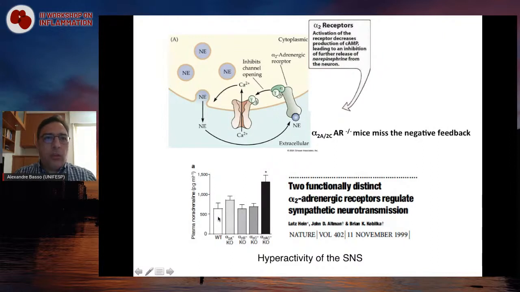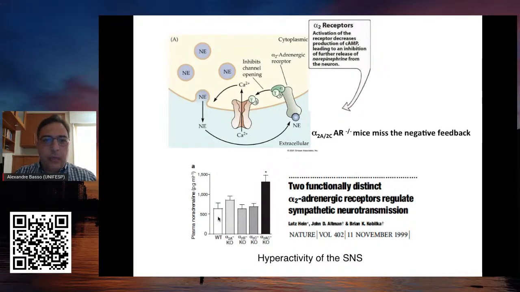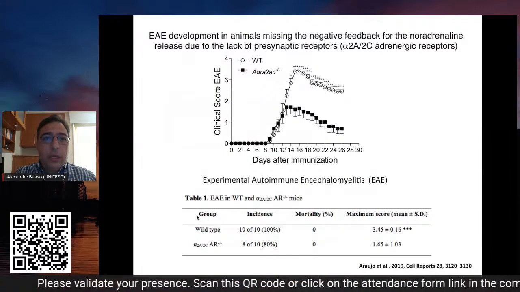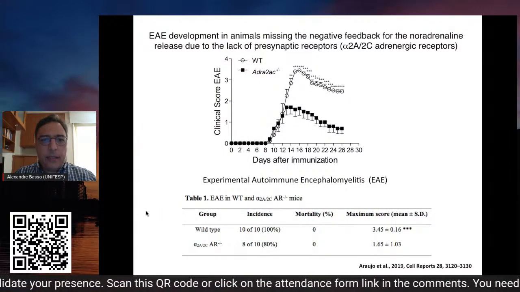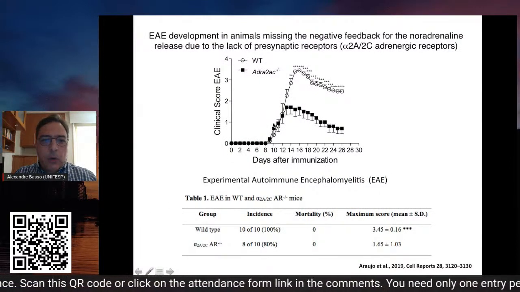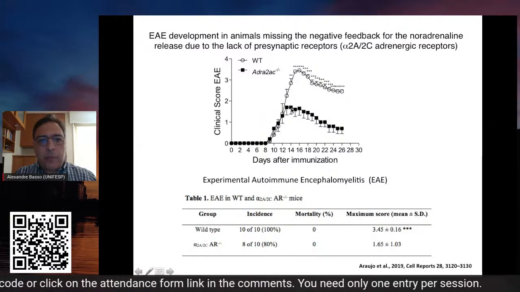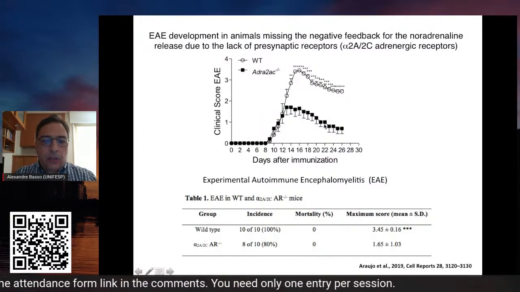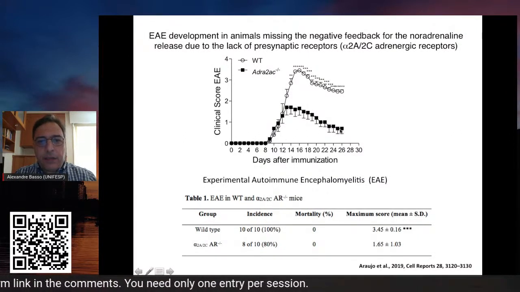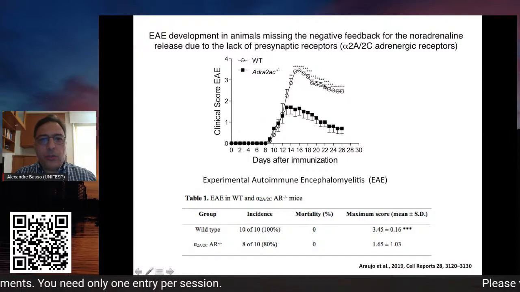So we have been using these animals as a model to understand how the sympathetic nervous system can regulate or control the development of EAE. Here we can see that the animals with a hyperactive sympathetic nervous system actually develop less severe EAE as compared to wild-type animals.